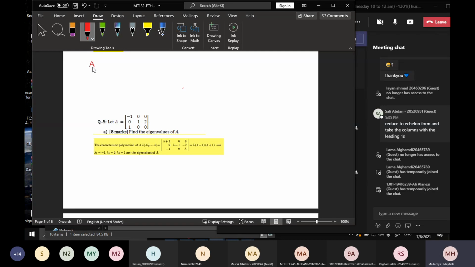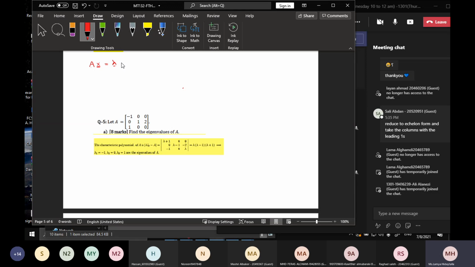And you find a non-zero vector X such that A times this vector is the same as a real number lambda times this vector X. Lambda is a representation for a real number, not a vector, not a matrix.